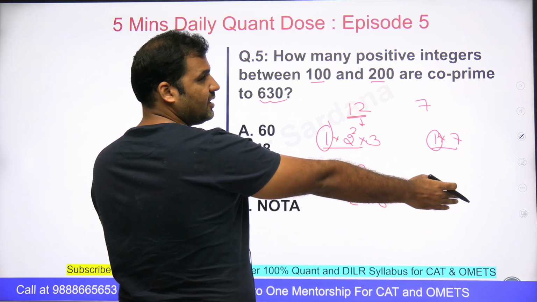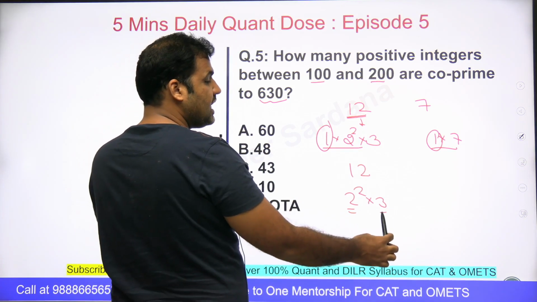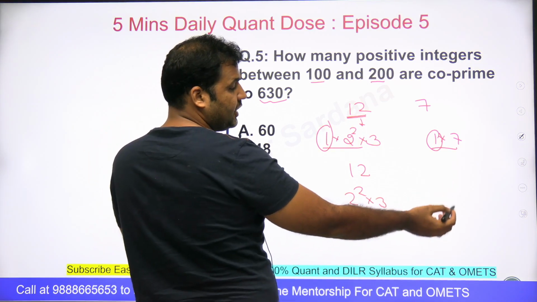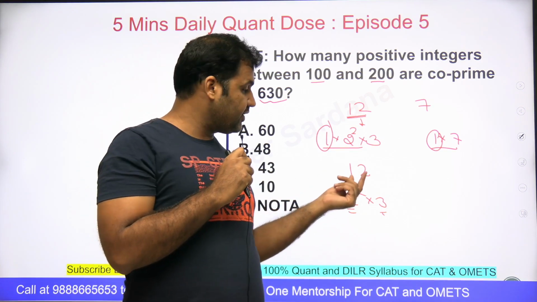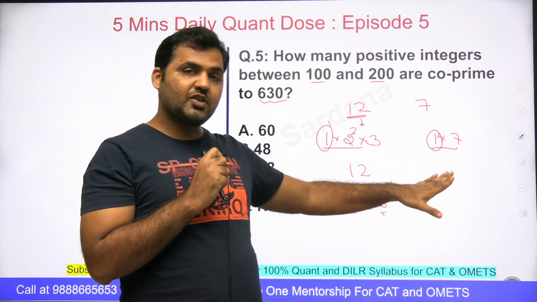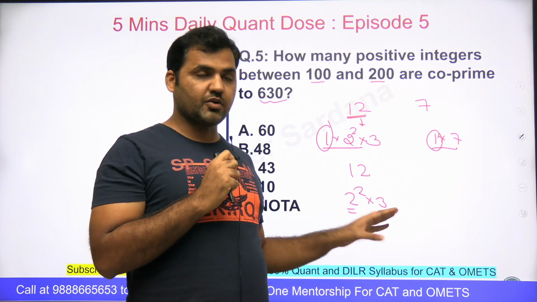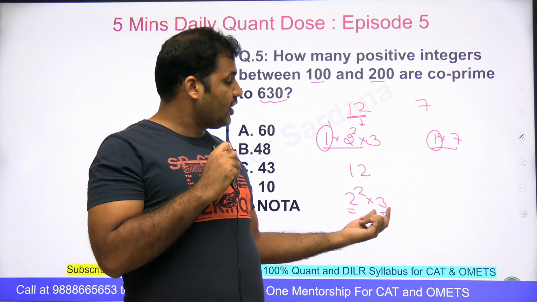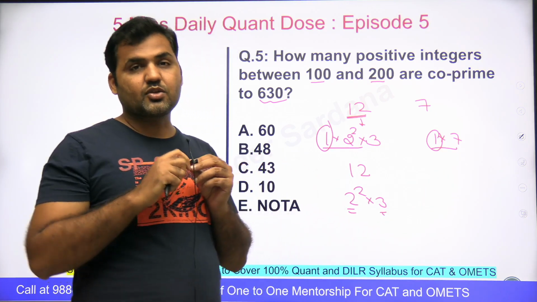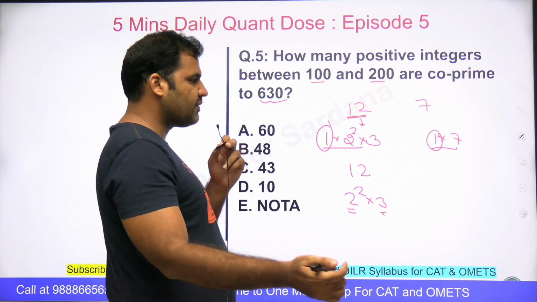Any number which is a multiple of 2 will not be co-prime with 12, because they will have a common factor. So I need another composite number which is co-prime with 12, and it should not be made of 2 and 3. Take any other primes like 5 and 7; 5 and 7 make 35.